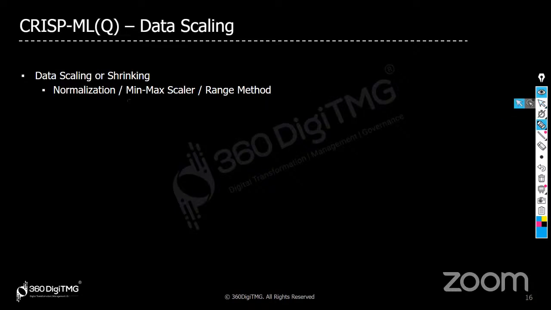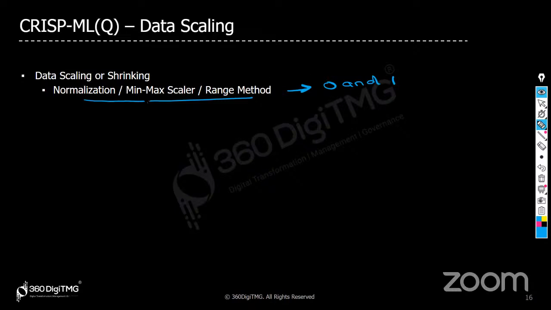Normalization, or the min-max scalar method or range method. This technique scales the data to a range between 0 and 1. There is a normalize operator present in DataMiner with which you can perform normalization, and within it you can select the range method as well.